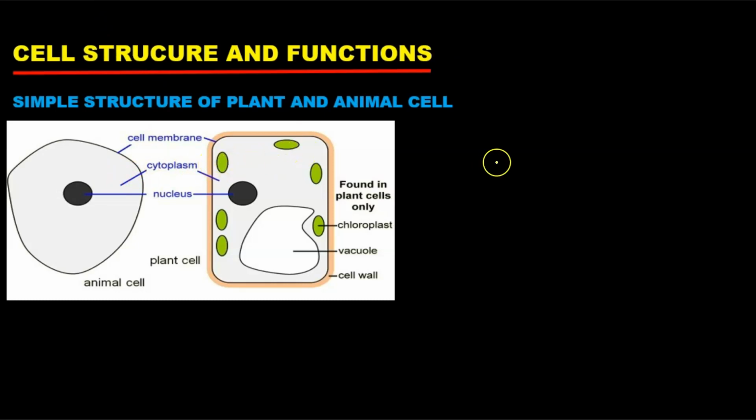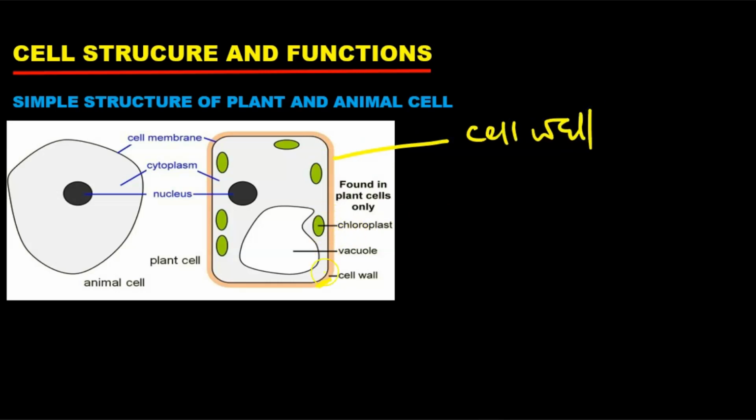So what are the parts of a simple cell? The outer part here is called the cell wall. This is the cell wall.